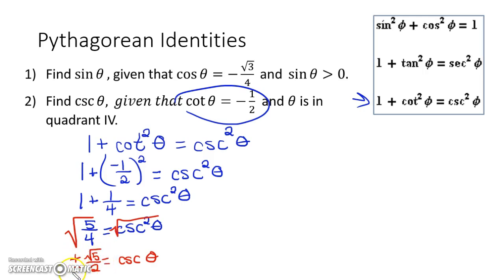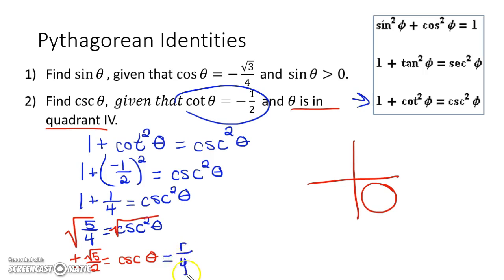Now we have to decide, is it positive or is it negative? Well, theta is in the 4th quadrant. So over here, in the land of quadrant 4, we need to remember that cosecant is r over y. So r has to be my hypotenuse, whatever it is.